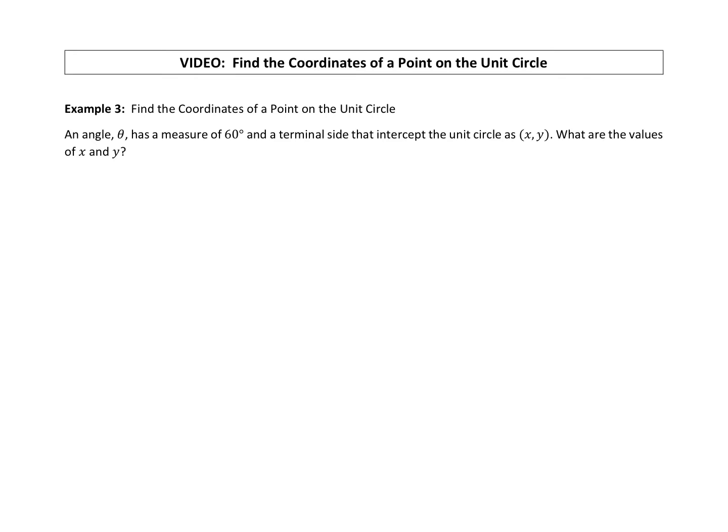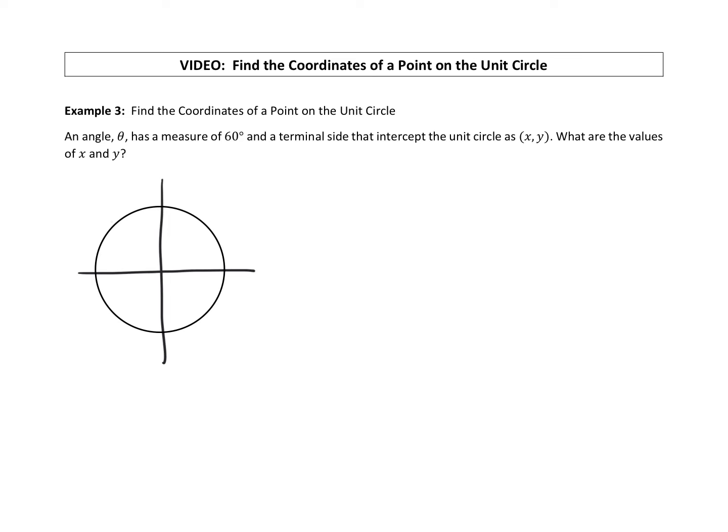Well, why don't we draw this out so we can understand what we're looking at. I'm going to do my best to draw a unit circle. All right, it's not perfect, but there's a circle. Apparently I can make circles with this little program. What we want to remember with the unit circle is the radius is 1.